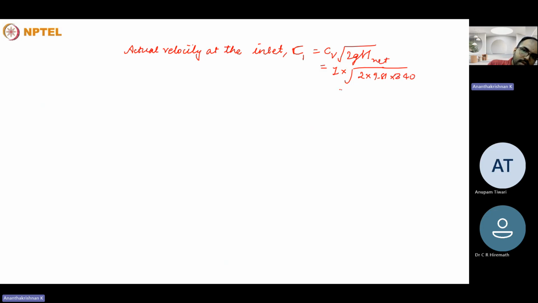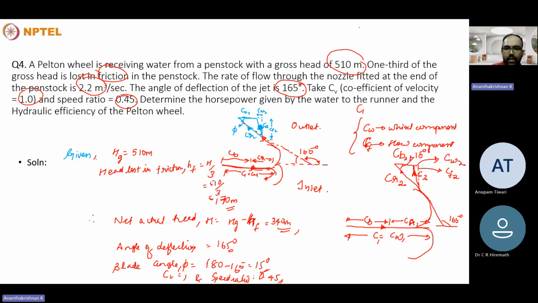So that gives the actual velocity at the inlet, that is 81.67 meter per second. So one of the most important parts of the problem we have obtained, that is the inlet velocity. The question states we have to determine the total power.